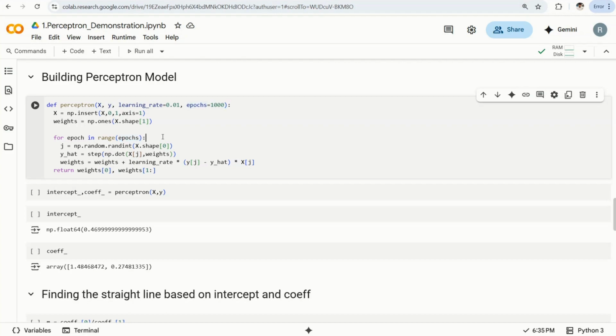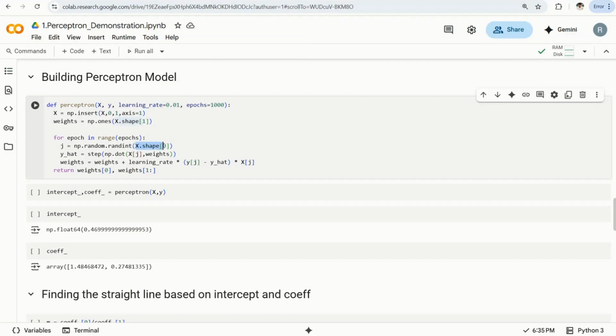Now I have to do forward propagation and backward propagation, right? So in the loop I'm taking any random data point from x. You can see x.shape[0] will give me the rows.